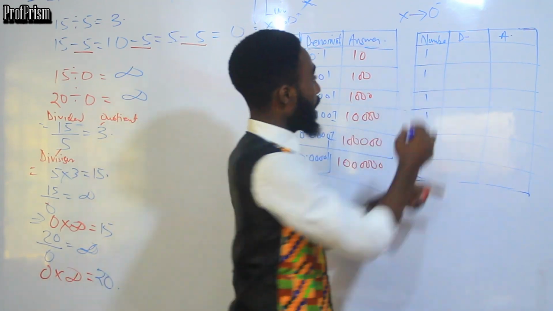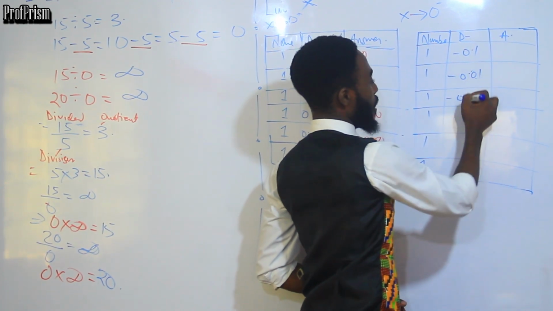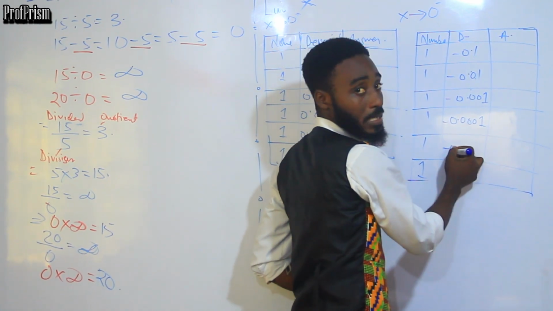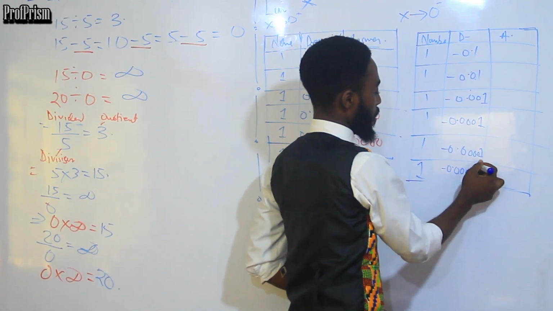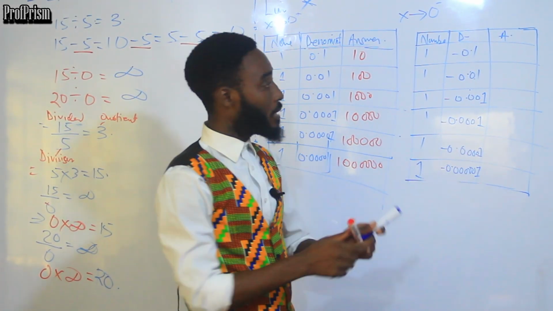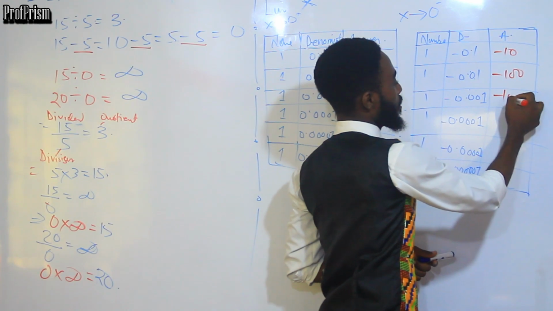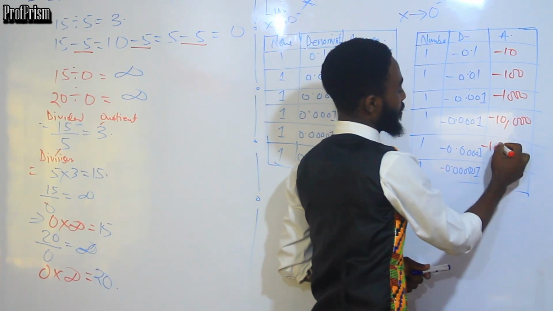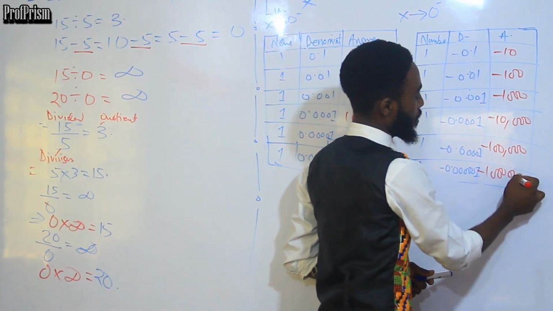The denominators will be minus 0.1, minus 0.01, minus 0.001, minus 0.0001, minus 0.00001, in that order. That will give me the same values but negated: negative 10, negative 100, negative 1,000, negative 10,000, negative 100,000, negative 1 million.